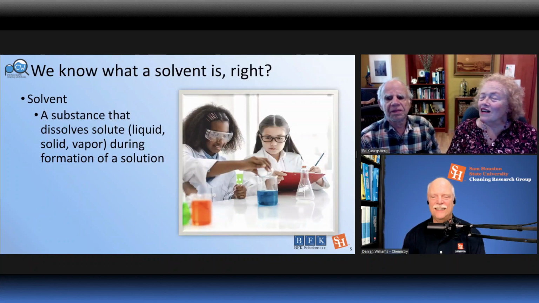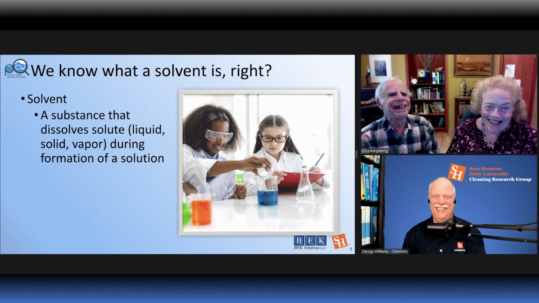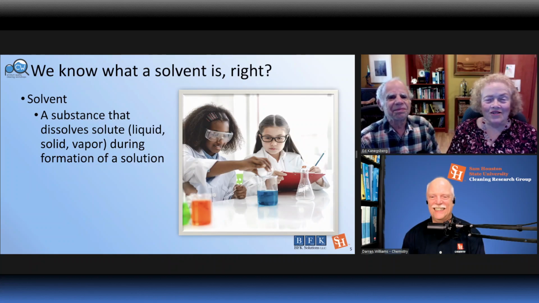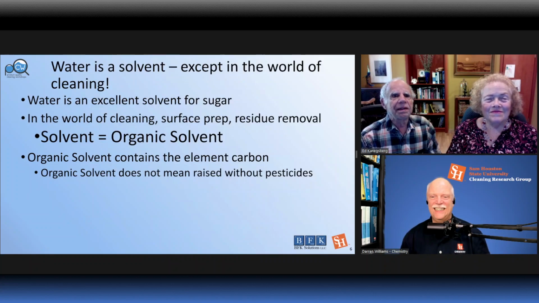So we all know what a solvent is, right? Well, there's some debate. You get a solution and it stops making a mess and it just turns to one clear thing. But in the world of critical cleaning and surface prep, water is a solvent.